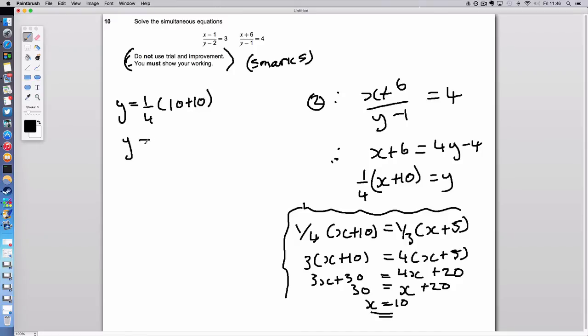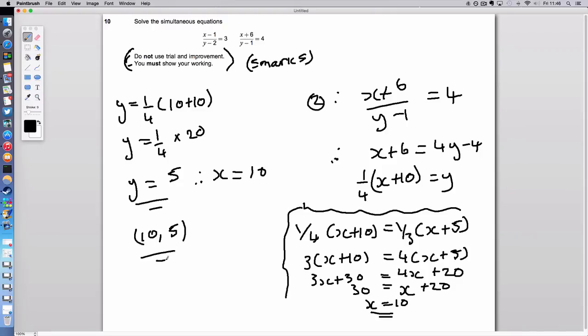Well, y is equal to a quarter times 20, because 10 plus 10 is 20. 5 4s go into 20, therefore 20 divided by 4 is 5. Therefore, these two lines intersect when x equals 10, y equals 5. The coordinates can be written like so.